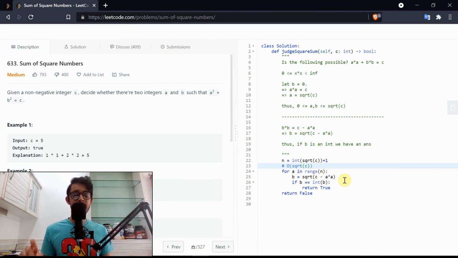This, in fact, is also used in two-sum if you look at the problem in a different way. Feel free to check out the video solution to it or other write-ups. The solution for two-sum relies on this exact observation of reformulating the problem. Anyways, we were able to bring the time down to the square root of c, and the space still is order of 1.